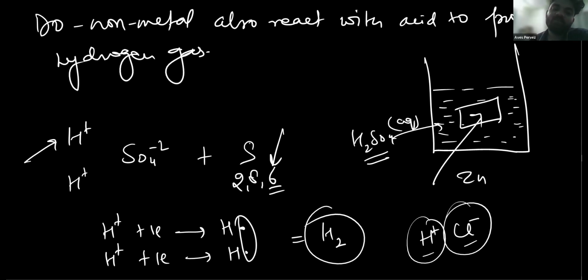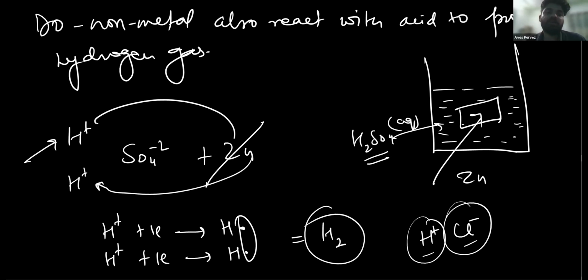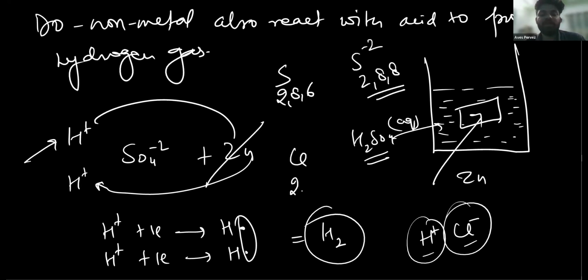So when it reacts, it will not be able to donate electrons, because non-metals are electron deficient. They don't lose electrons, they gain electrons. Sulfur 2, 8, 6, when it gains 2 electrons, forms sulfur minus 2, the sulfide ion. Like chlorine 2, 8, 7 gains 1 electron and forms Cl minus, 2, 8, 8.